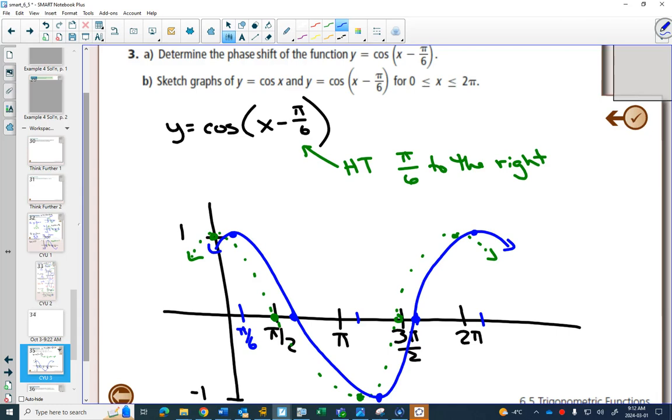On my tests, and usually on the provincial final, you will get this question, and they will say for at least one period. So what we've done by drawing all 5 of those points, that draws at least one period. Putting arrowheads on says that it continues forever.